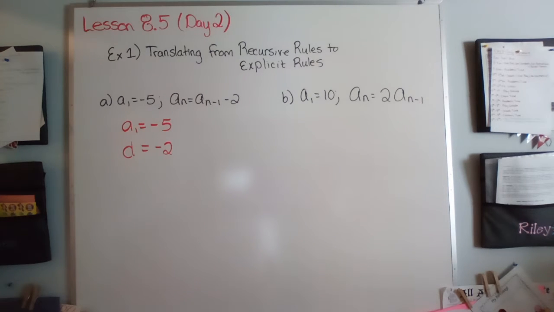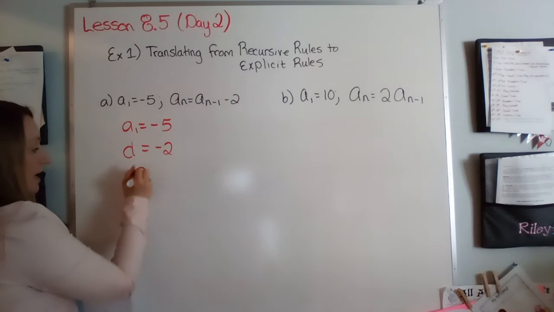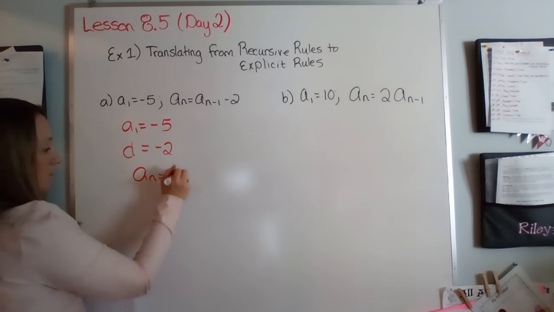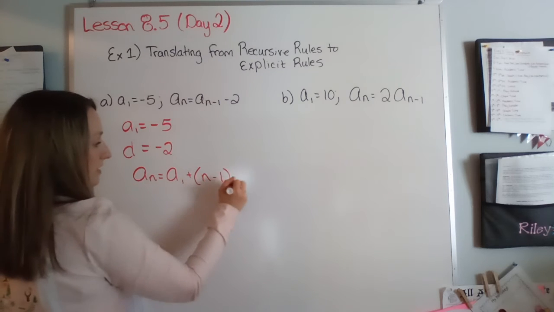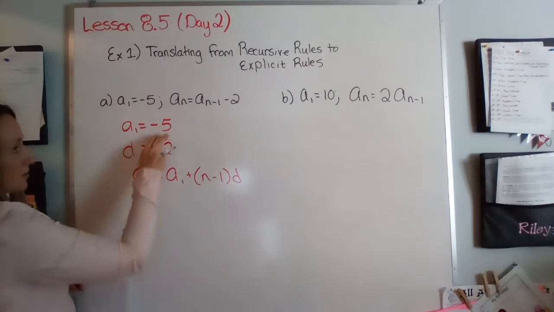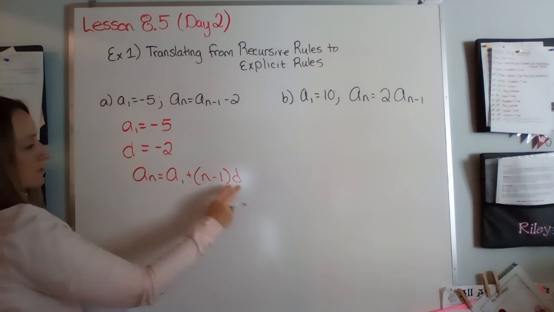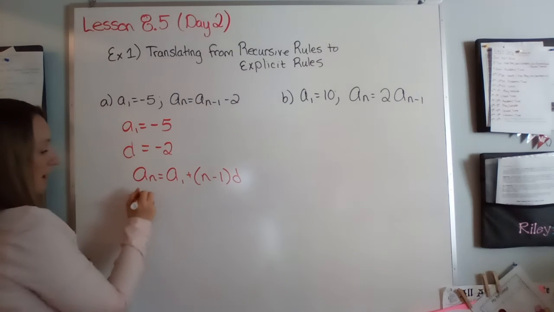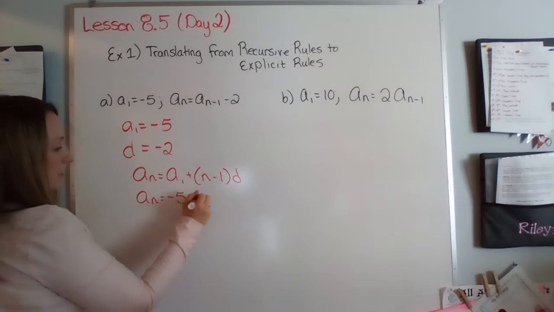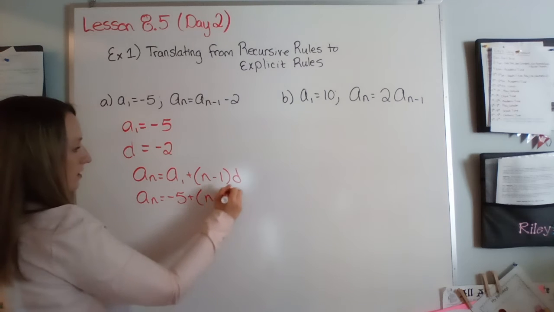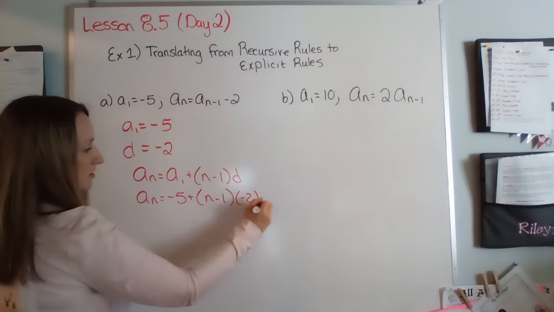So then you just need to remember the form for an explicit rule for arithmetic. It's a sub n equals a sub 1 plus n minus 1 times d. So you're going to substitute a sub 1, you're going to substitute d, and then just simplify. So a sub n equals -5 plus n minus 1 times -2.